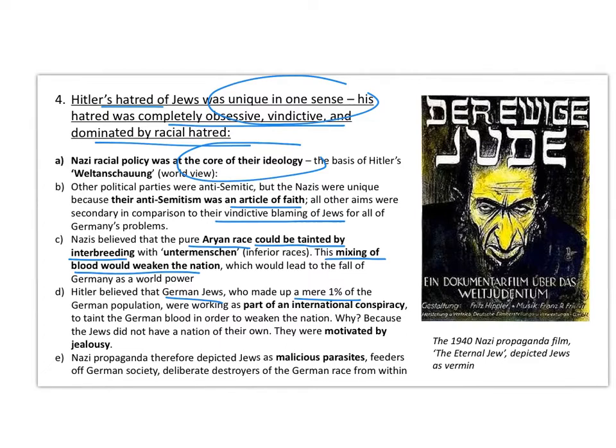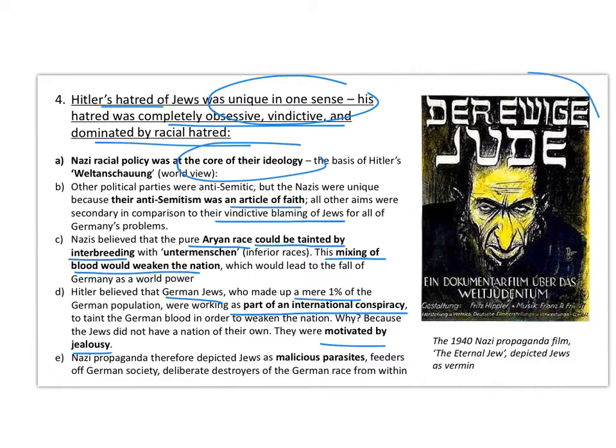But even more startling is that Hitler believed that the Jews were deliberately conspiring to weaken Germany because they didn't have their own nation. They were scattered throughout Europe as a group of people. So he saw them as a vengeful group of people motivated by jealousy, deliberately plotting to bring down nations, all nations, not just Germany, by getting into the bloodstream and weakening the bloodstream of nations.